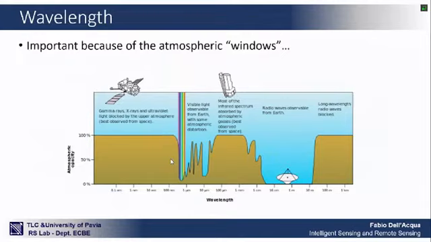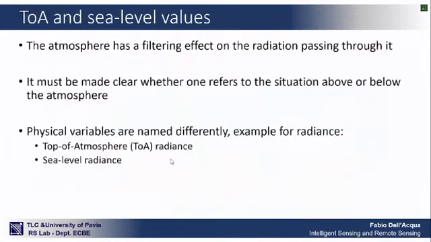So when you work with optical remote sensing, you need to distinguish between the so-called top of atmosphere radiance and sea level radiance.